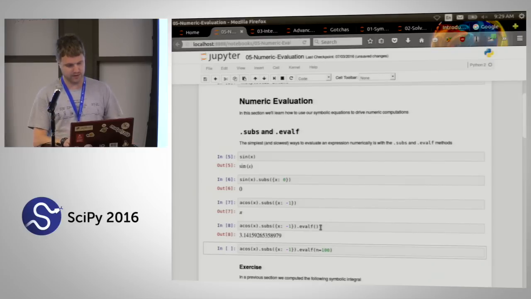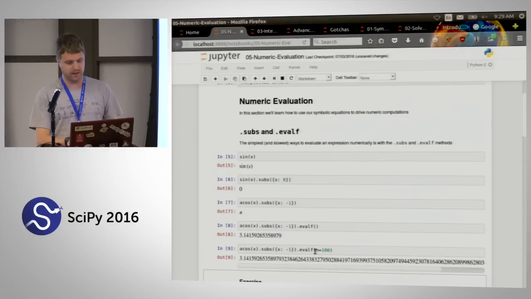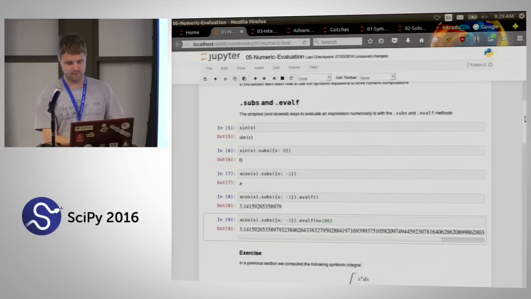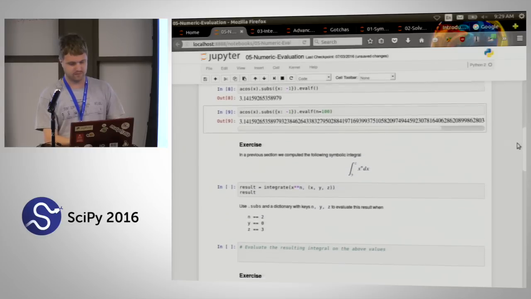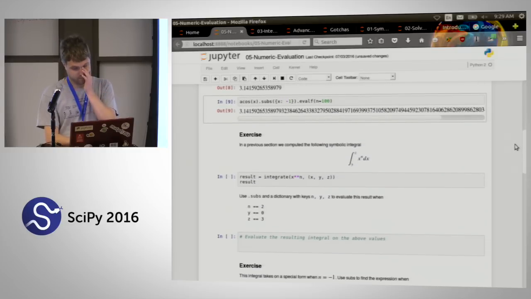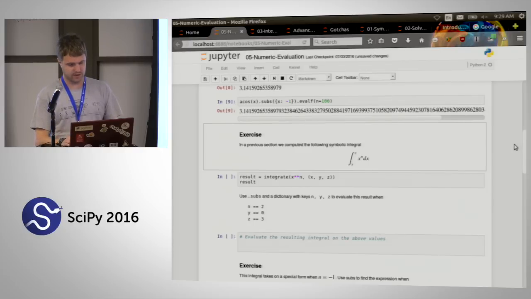I think by default it uses 15, but for example, if I want 100 digits of pi, you can pass 100 in to evalf, and that'll give you 100 digits of pi. Okay, so here's an exercise.